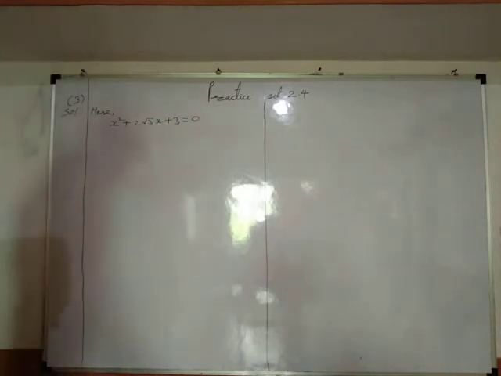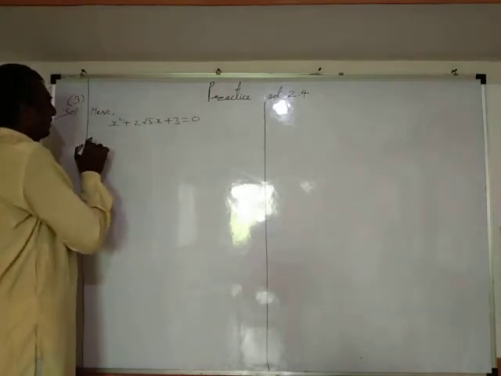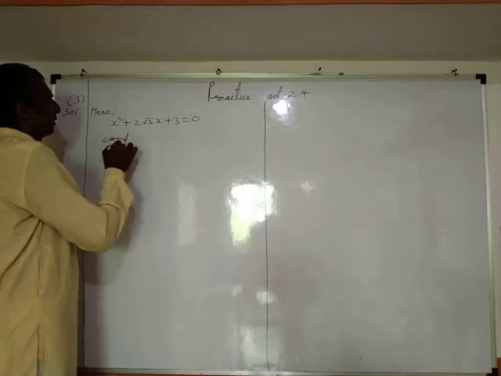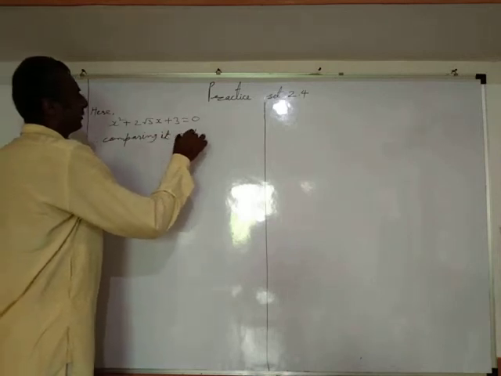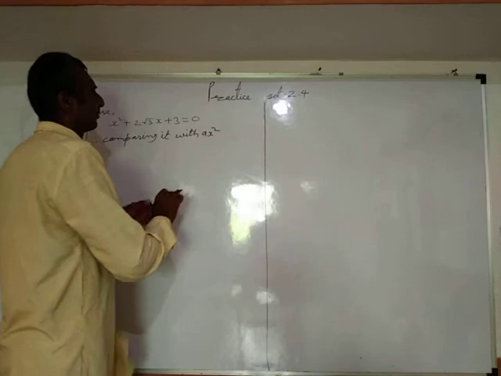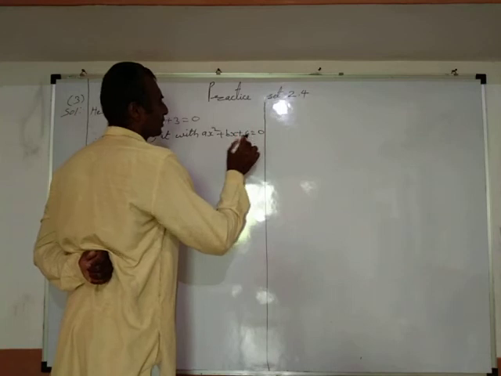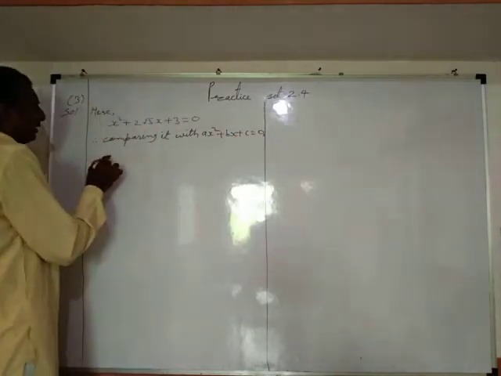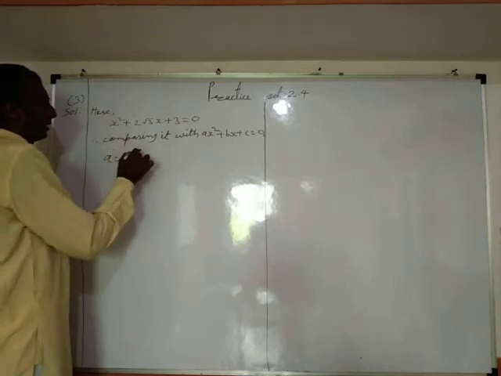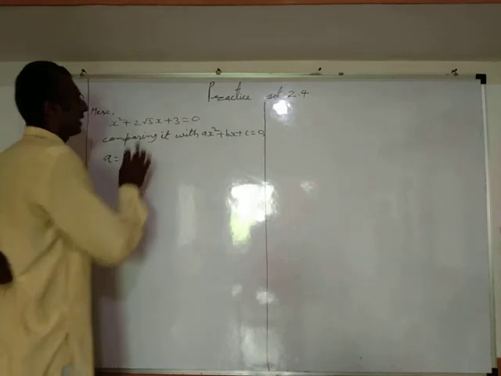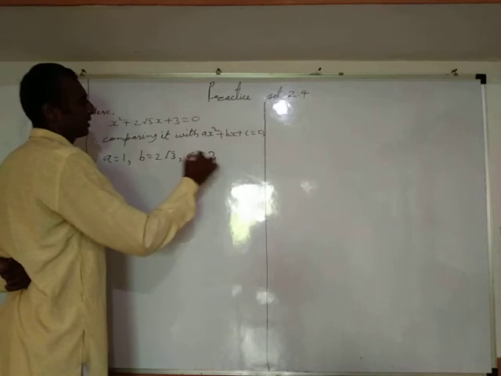It is in a general quadratic form with variable x, and therefore comparing it with ax square plus bx plus c equal to 0, a is the coefficient of quadratic term, which is 1, b equals coefficient of linear term, which is 2 root 3, and c is constant term, which is 3.